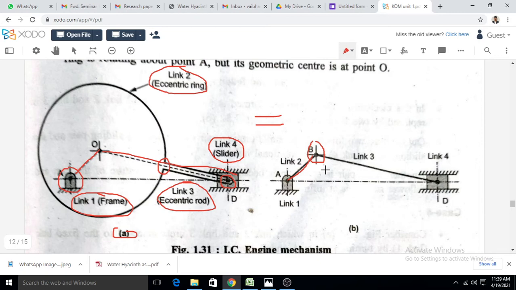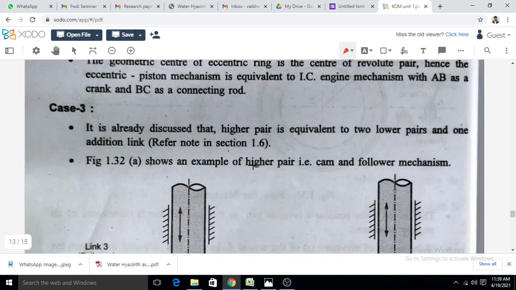So image A is a complex mechanism to understand, and if we simplify it, it is converted into the IC engine mechanism. This is the second case where we understand the equivalent linkage of the mechanism. So now we will move further. We will consider case 3.